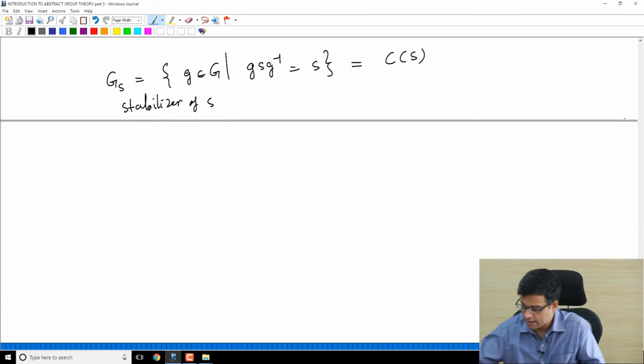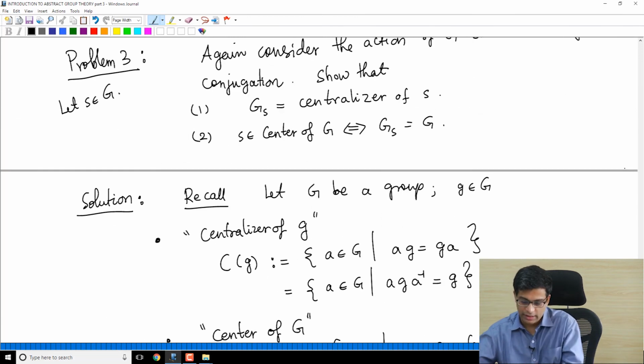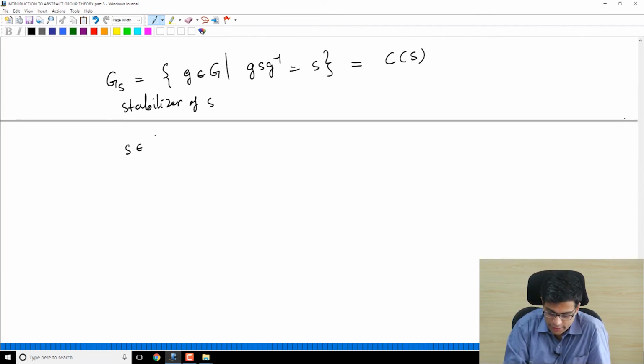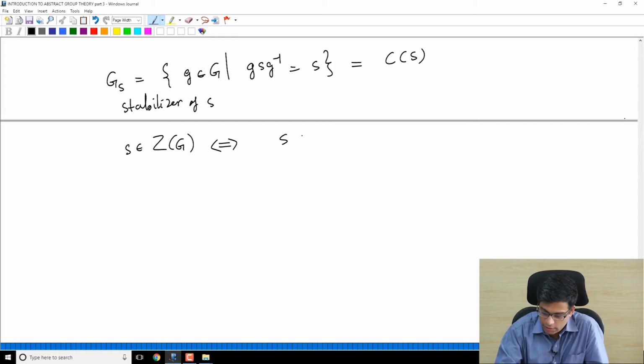Now the second part of the problem is that an element is in the center if and only if its stabilizer is G. Suppose s is in the center. If s is in the center, this means sg equals gs for all g in G, right?